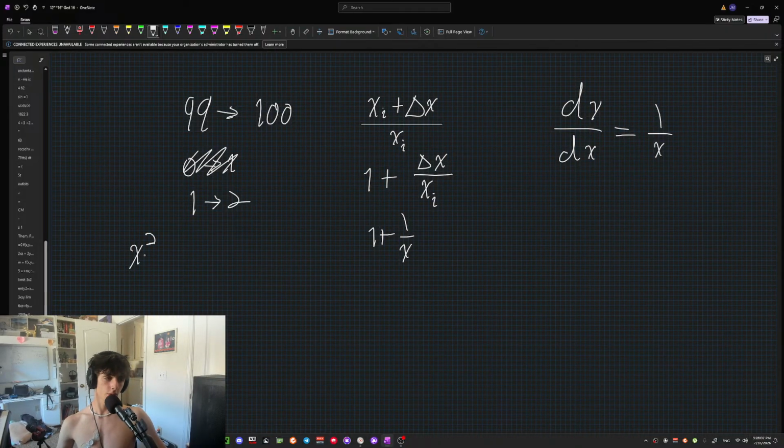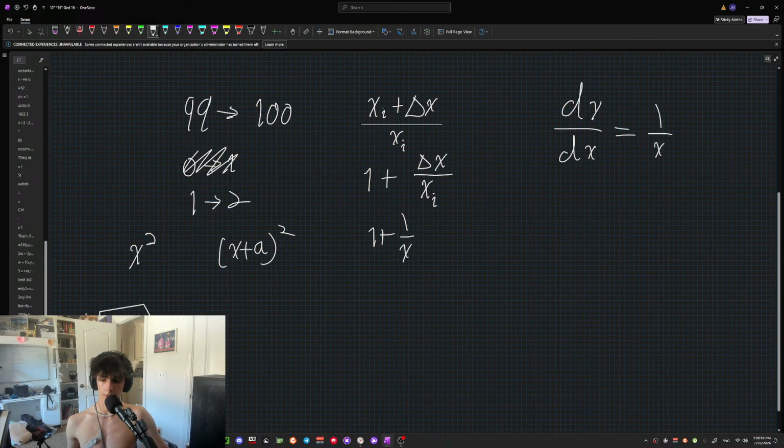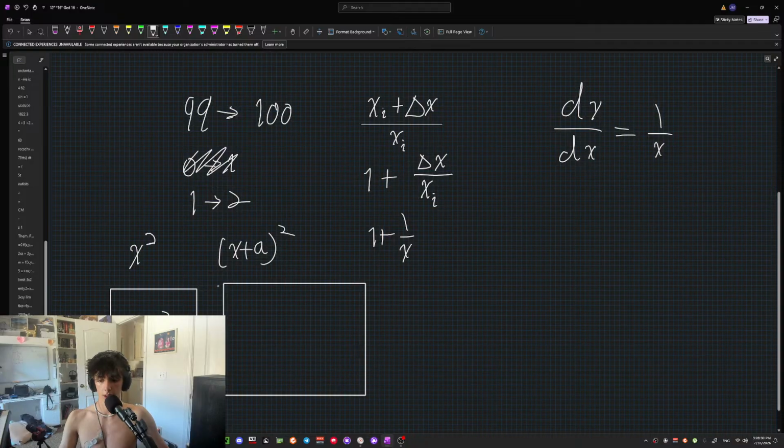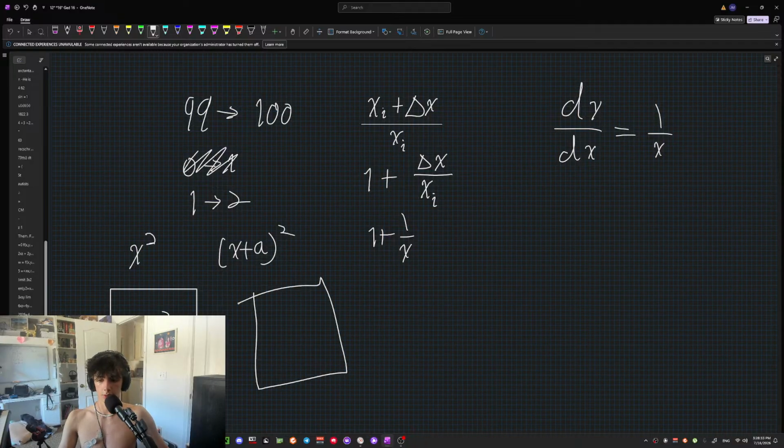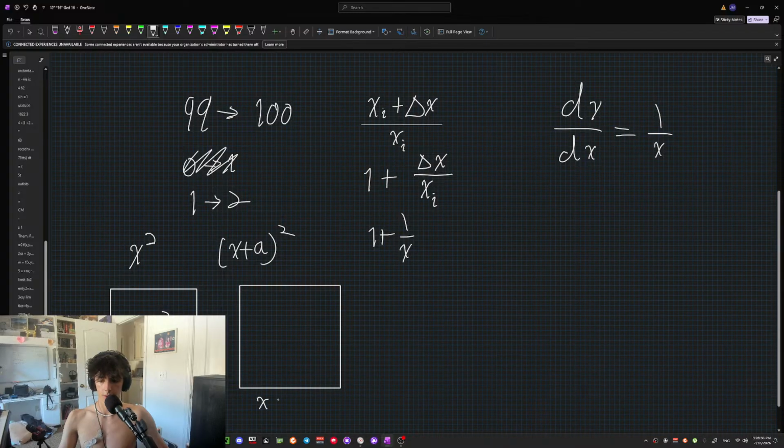Let's say we're dealing with square monitors for today, just for simplicity. If we have x plus a, we have 2 monitors. This one's x squared, and then this one is x plus a. Just do a square, and then this one's x plus a, and then this x plus a.